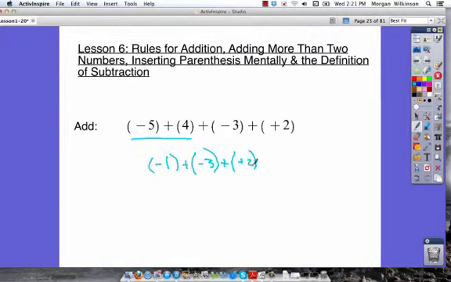We're going to work in the same order, from left to right. -1 plus -3, that must give us -4. We've got -4 plus +2, our last part of the problem. That must give us an answer of -2. And -2 is our first answer for this lesson, lesson number 6.